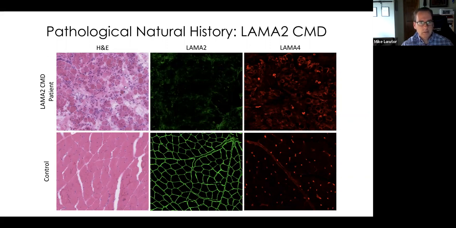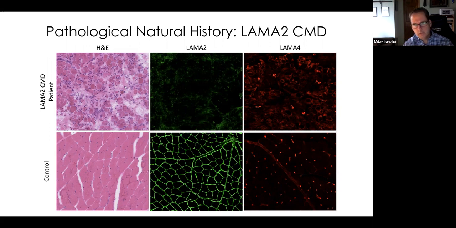And so what I'm showing here in this picture is that you can see that the H&E of the congenital muscular dystrophy patient looks a great deal different from control. The muscle fibers there are very small, and there's a lot of blue inflammatory cells there. You can see there, as expected, that there's not any LAMA2 at the edges of the cells. So that's why there's no green in that top middle picture.